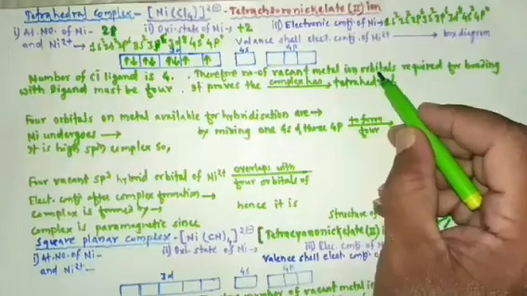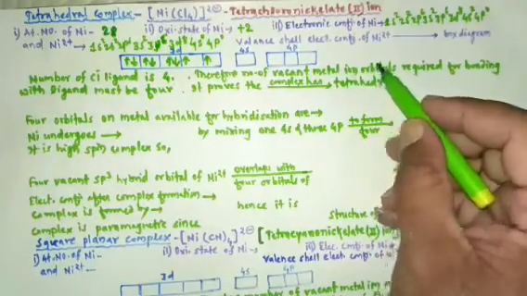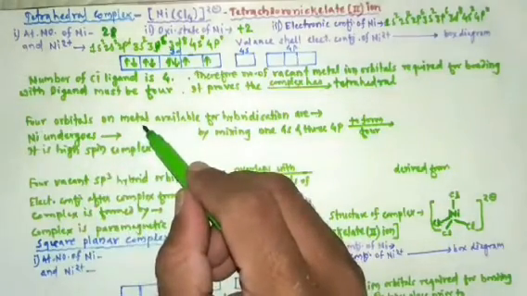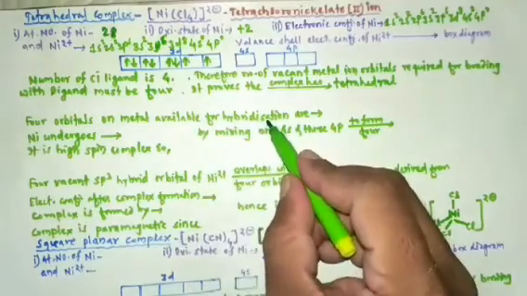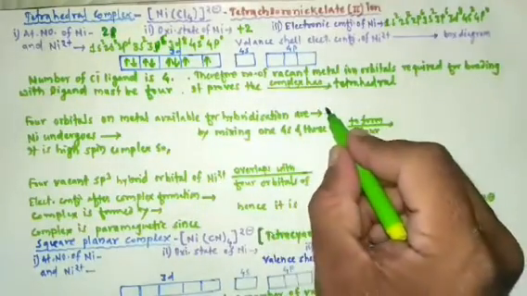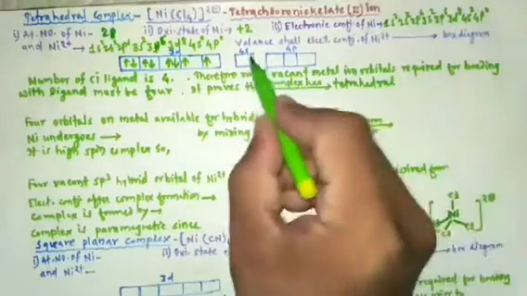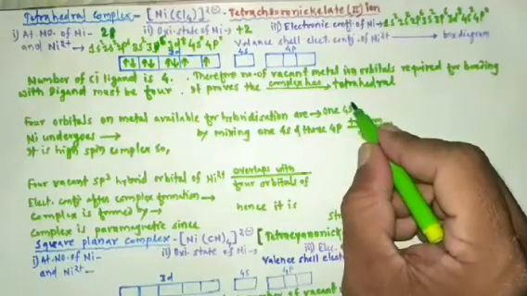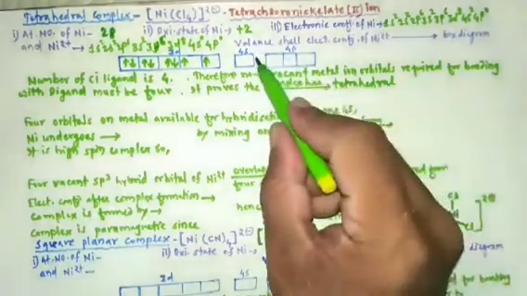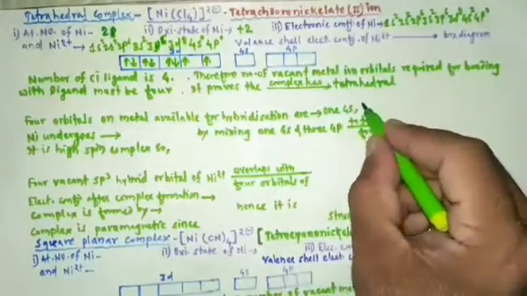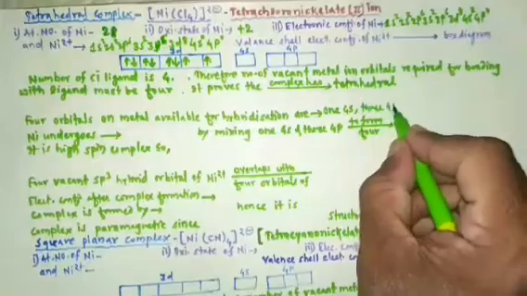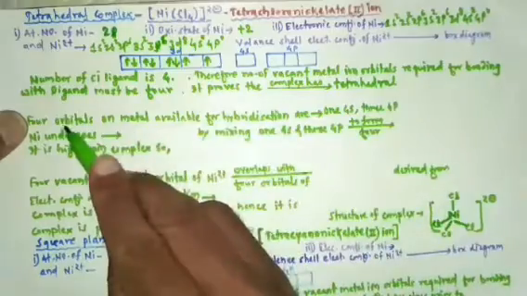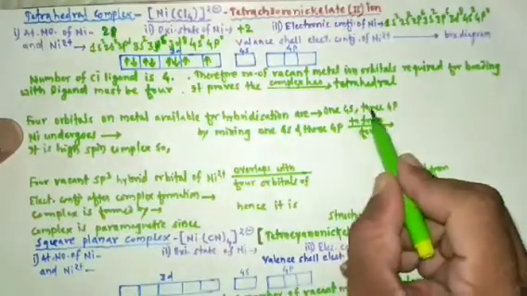So the 4 orbitals on the metal available for hybridization are one 4s and three 4p. That is, 4 orbitals: 1s and 3p.